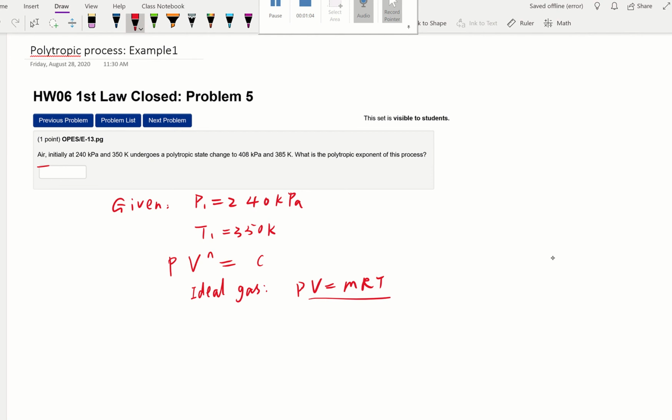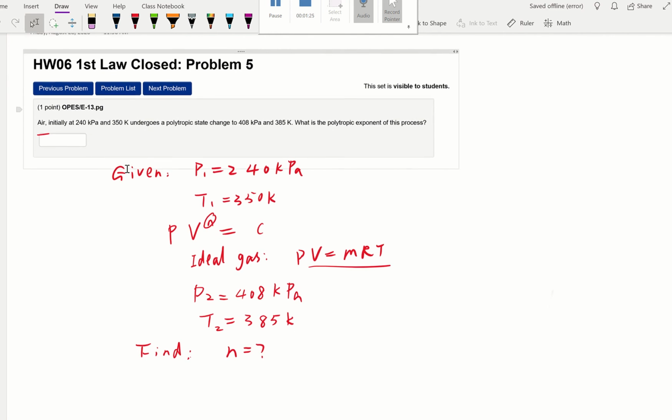Then the final state, P2 is 408 kilopascal, and temperature T2 is 385 Kelvin. Then we need to find the polytropic exponent, so we need to find this n, right? Then how do we solve this problem?